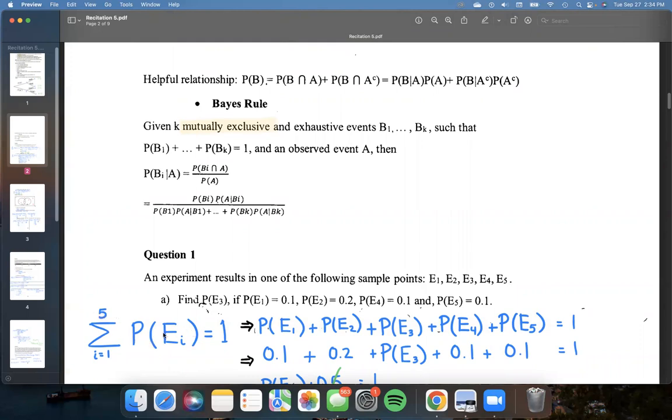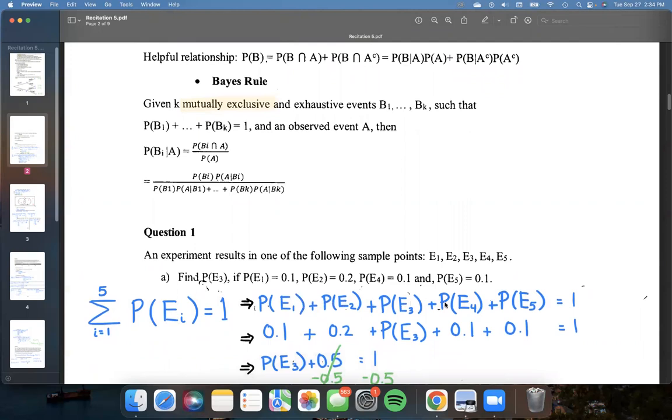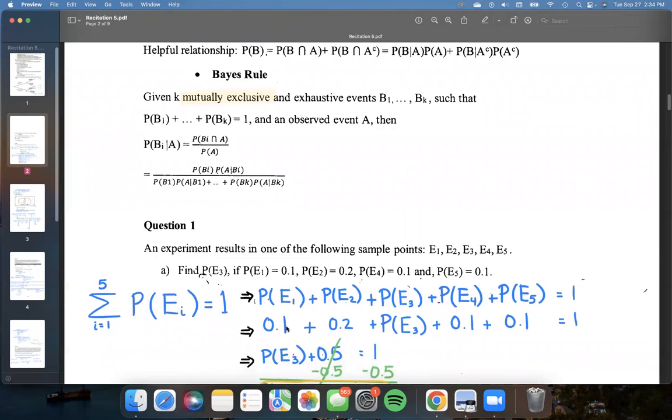So the summation of the probability of Ei equals 1. That means if we add all of those together, we should get 1. And now we can just plug and chug. We're given the probability of E1 as 0.1, the probability of E2 as 0.2. So I plugged in what we were given, and the only thing we were not given was the probability of E3.